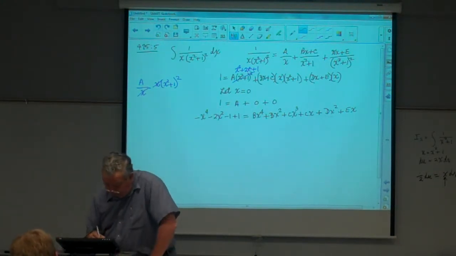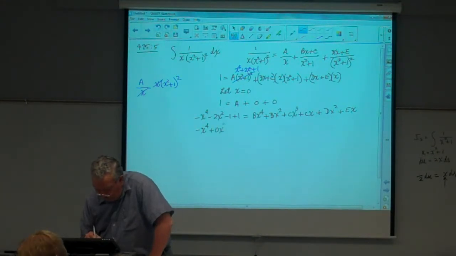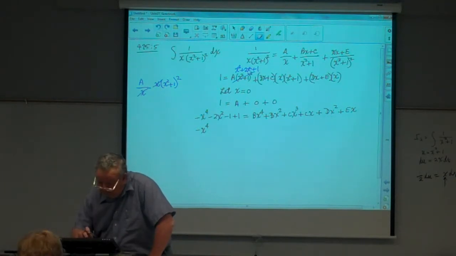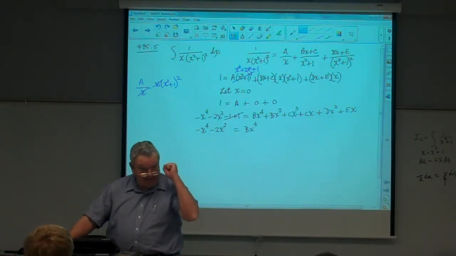I now have minus x to the fourth plus 0x to the third. I'm not going to do that. This isn't high school algebra. Minus 2x squared is equal to Bx to the fourth.